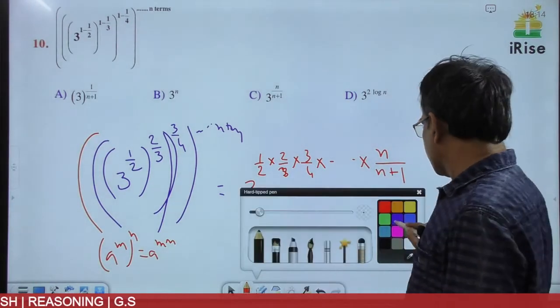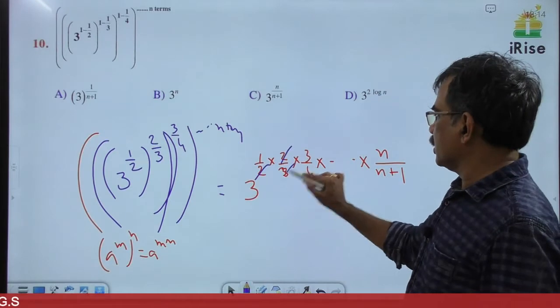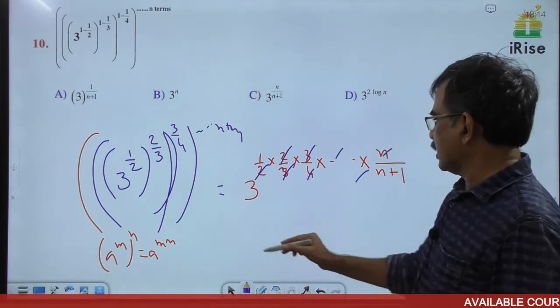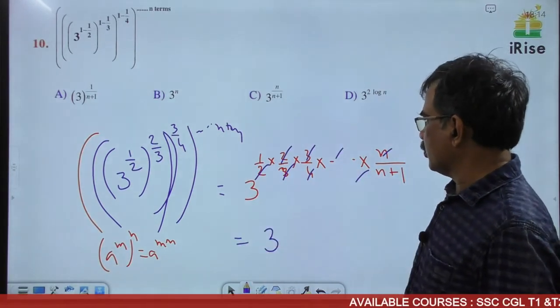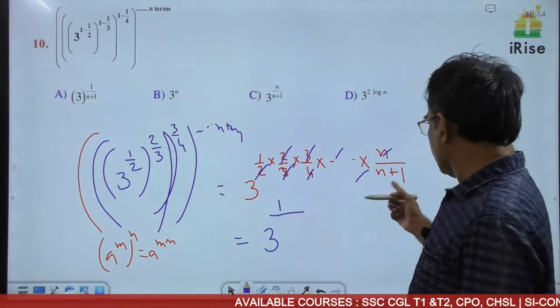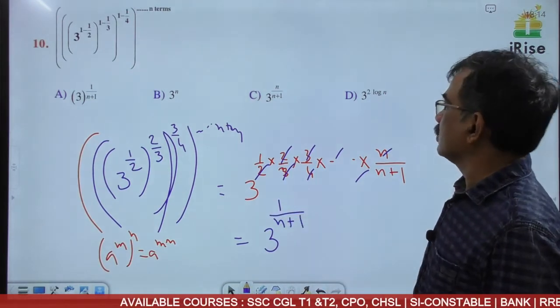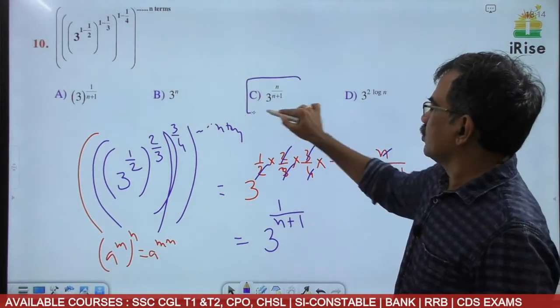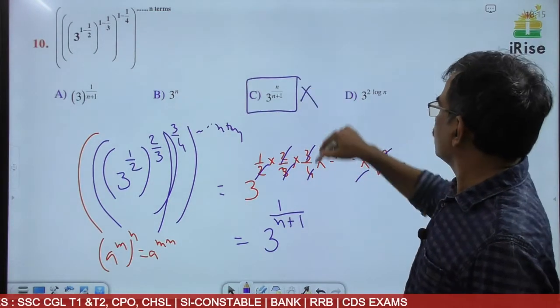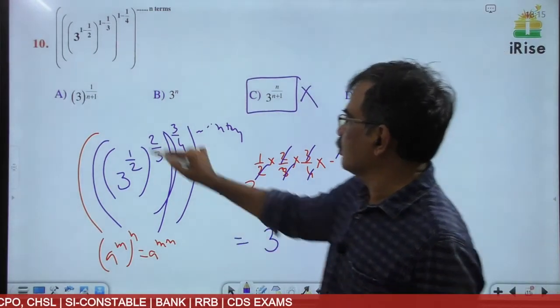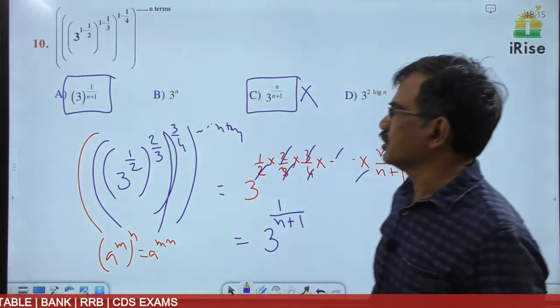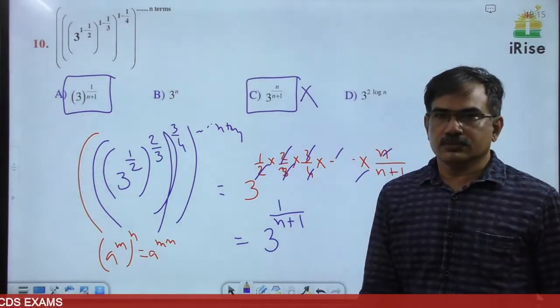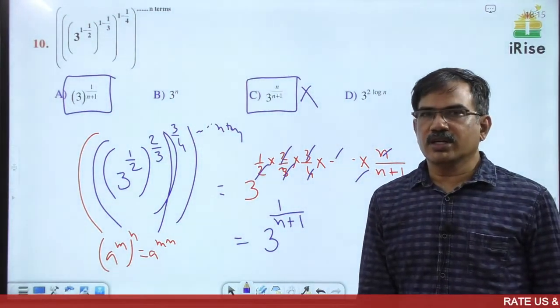Here all these terms get cancelled: 2, 2, 3, 3, 4, 4. So the answer for this question is 3 power 1 by n plus 1. This is the answer for this question.